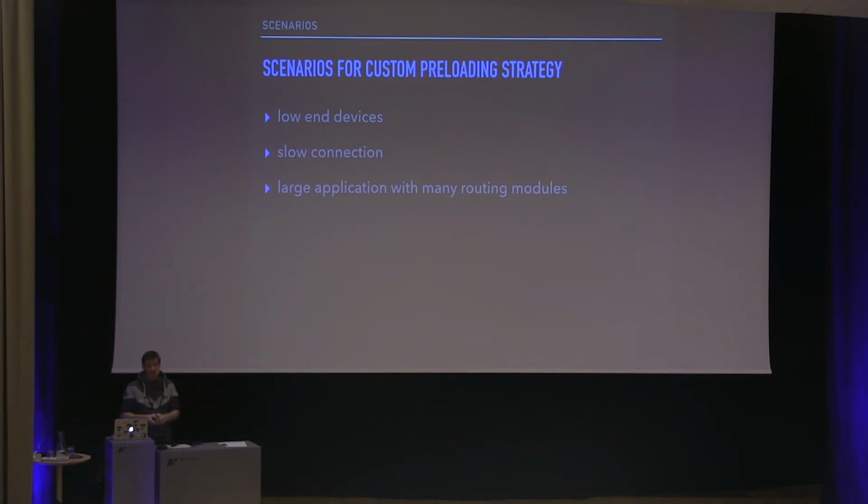That can really happen if you have a large application. And if your user has a low-end device, the JavaScript engine starts swapping because the memory is too full and stuff like that. So you don't want to load everything. You want to load the things you really need. Or, of course, a combination of all those three.